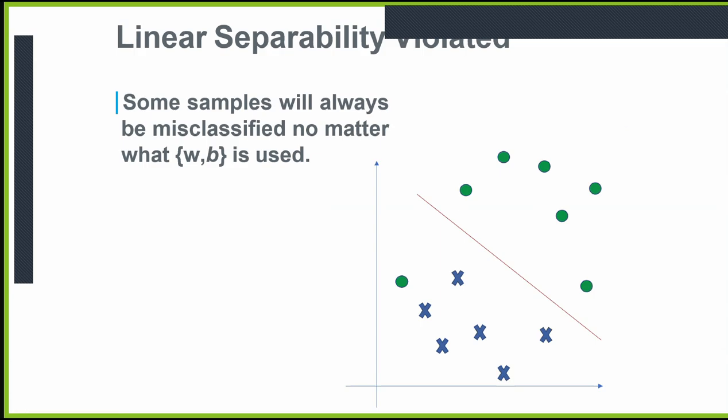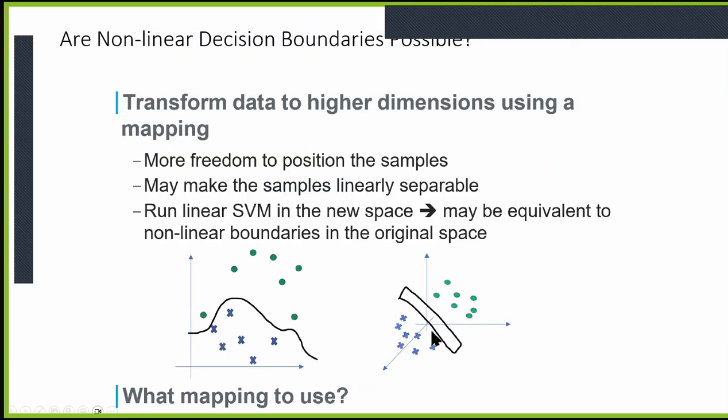Or one other way is to transform the data into a higher dimension so that it's linearly separable in the higher dimension, as expressed in this example, where the data is not linearly separable, but in the 3D space, it is linearly separable. So this is another way.